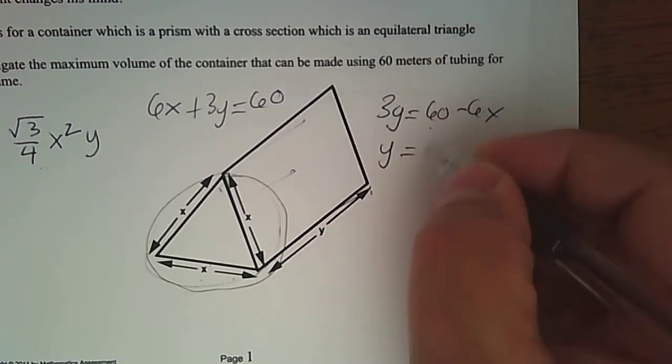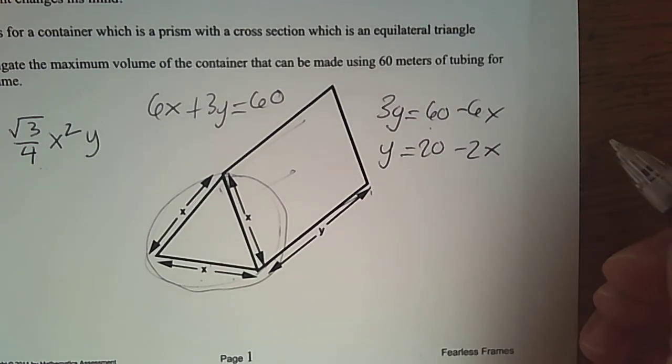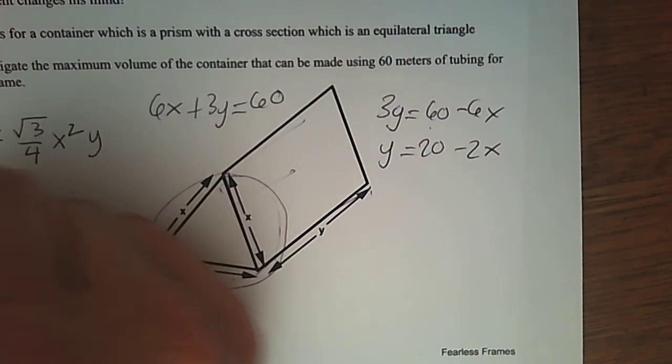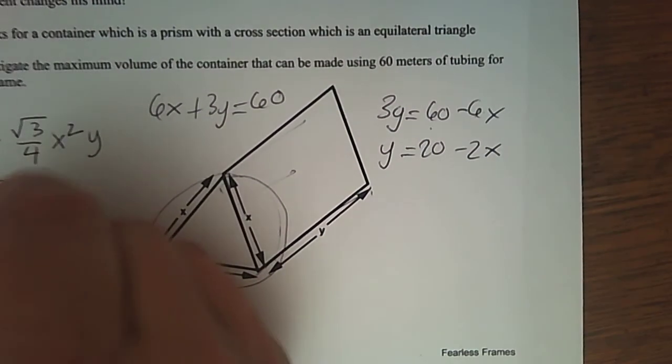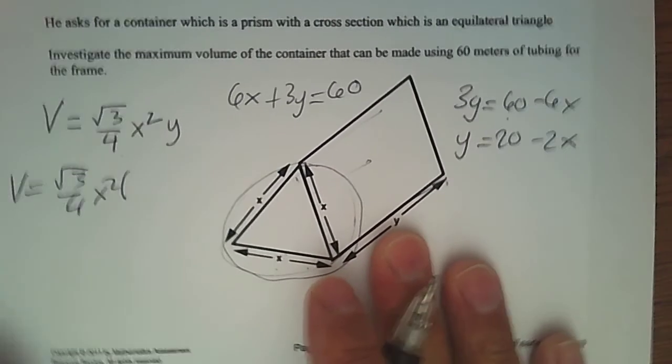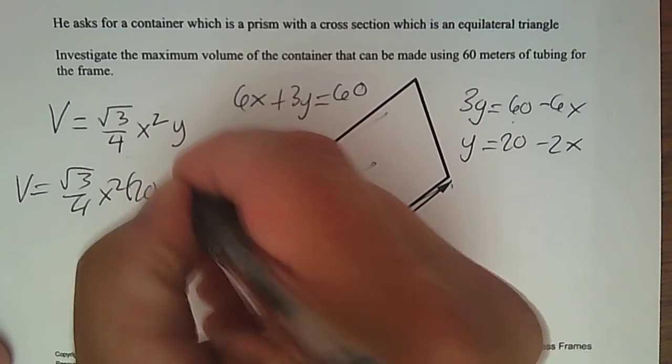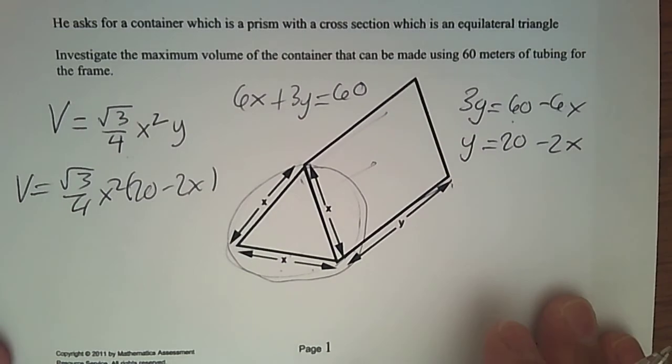So 60 divided by 3 and 6 divided by 3 gives me 20 minus 2x. So back here again, I have root 3 over 4 x squared, but now I have something to plug in for y, 20 minus 2x. Then I have one variable that I need to work with.